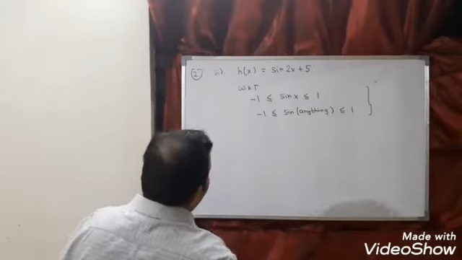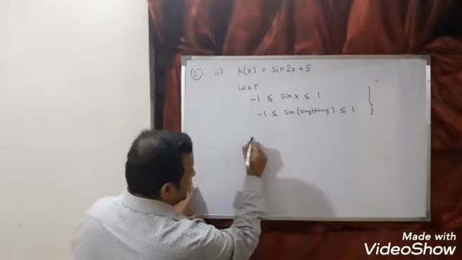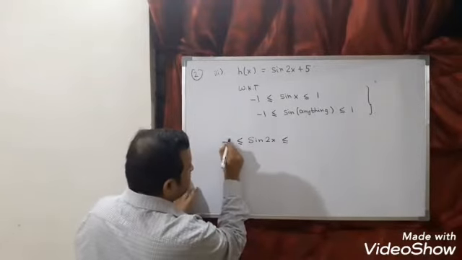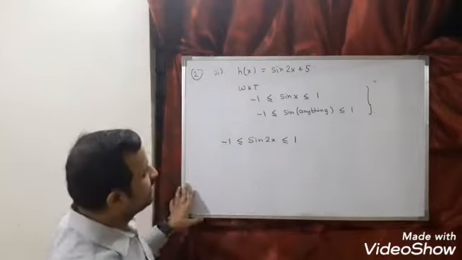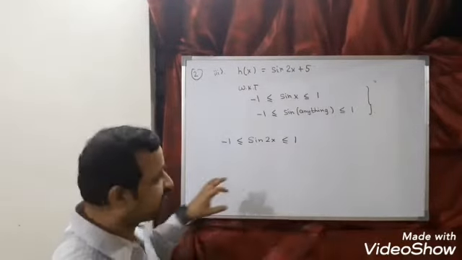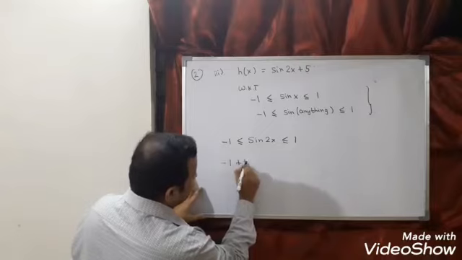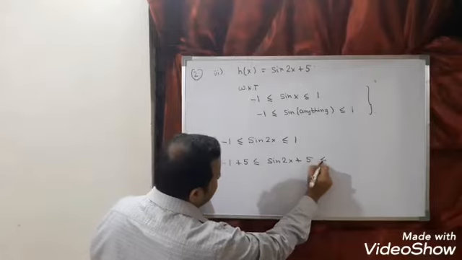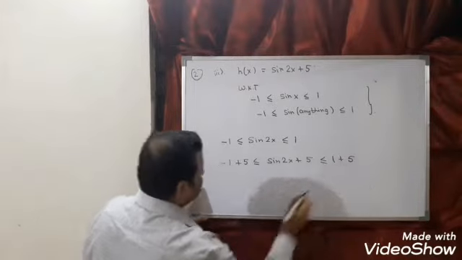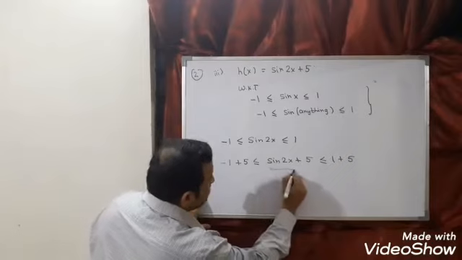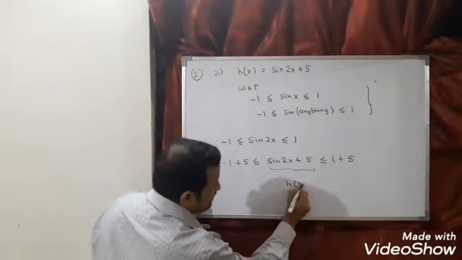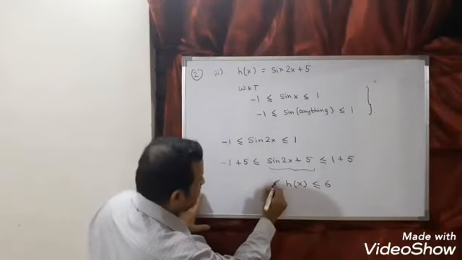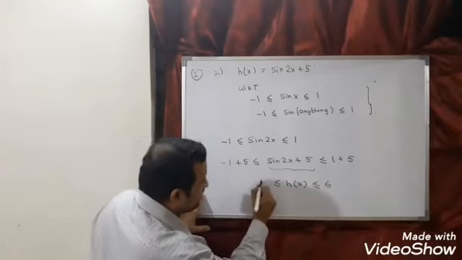Now come to the question. Now sin of 2x. So can I say that sin of 2x also lies between -1 to 1? Just now I told you. Next, 5. So add 5 on both sides. So -1 plus 5 is less than or equal to sin 2x plus 5, which is less than or equal to 1 plus 5. This is nothing but h of x. So h of x is less than or equal to 1 plus 5, which is 6, and this value is -1 plus 5, which is 4.